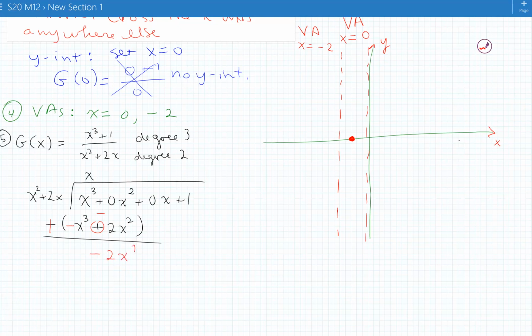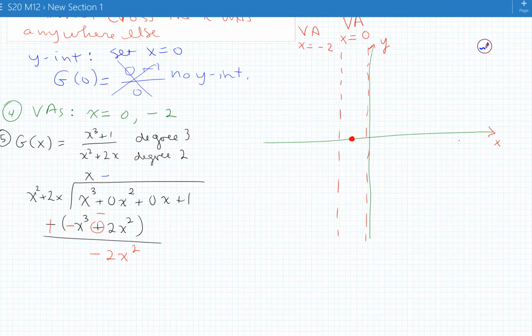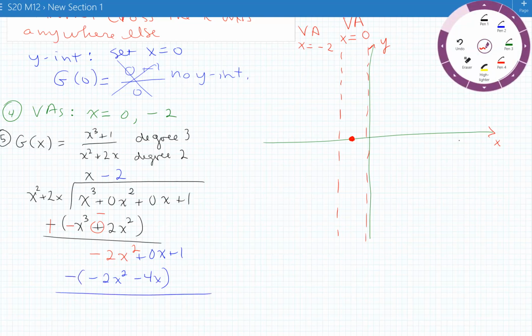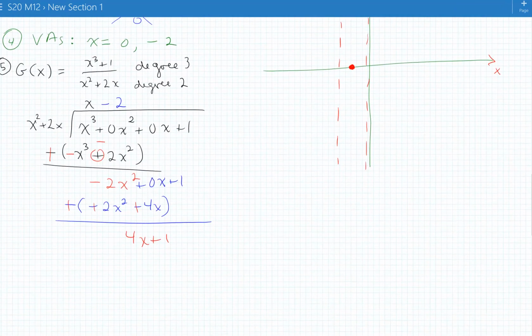So I'm going to have -2x squared. So then I'm going to have -2 in my quotient. Let me bring down my 0x and my 1. I'll have -2x squared minus 4x, and I'm going to subtract. So I'm going to have a remainder of 4x plus 1.